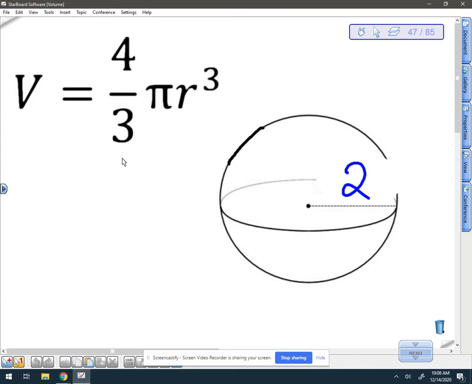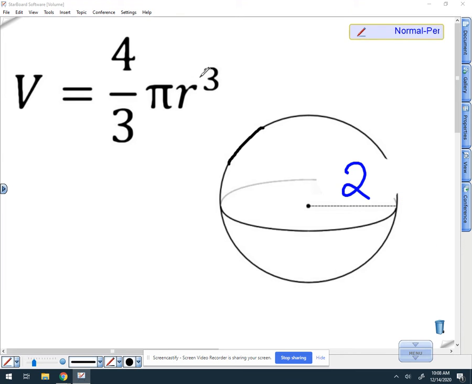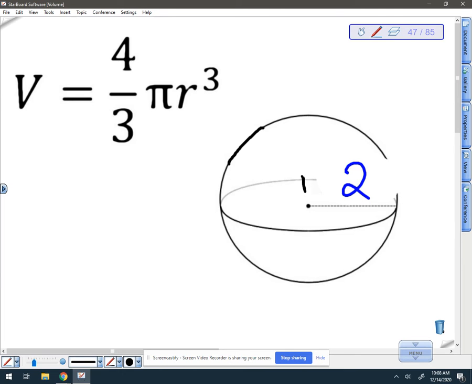All you really have to do is look at your sphere and ask, what is the radius? Because that's the only number we have to substitute for. Halfway across the circle is 2. So the radius is 2. All we have to do is put a 2 where the r is.